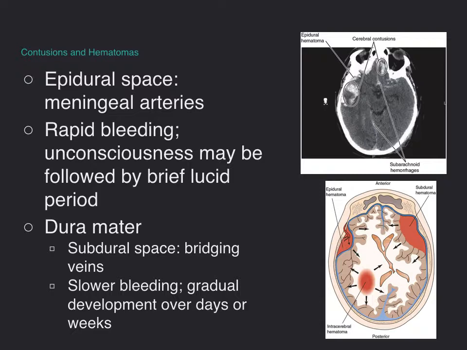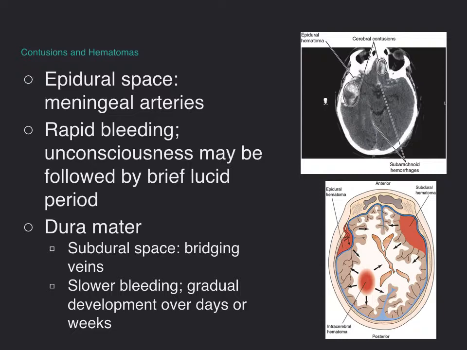A subdural hematoma develops in the area between the dura and the arachnoid. We call it the subdural space. It usually is a result of a tear in the small bridging veins that connect the veins on the surface of the cortex to the dural sinuses.